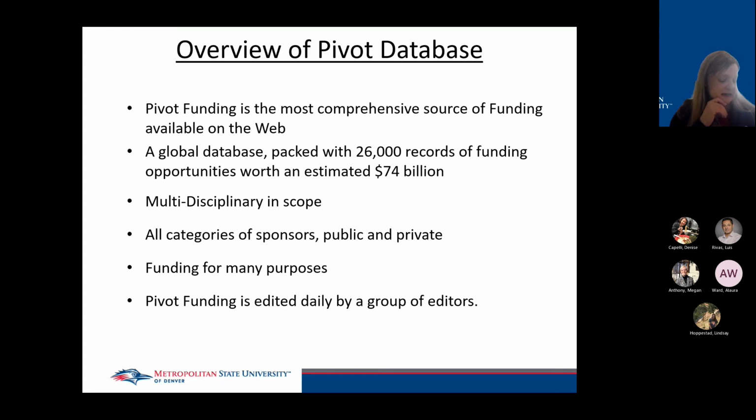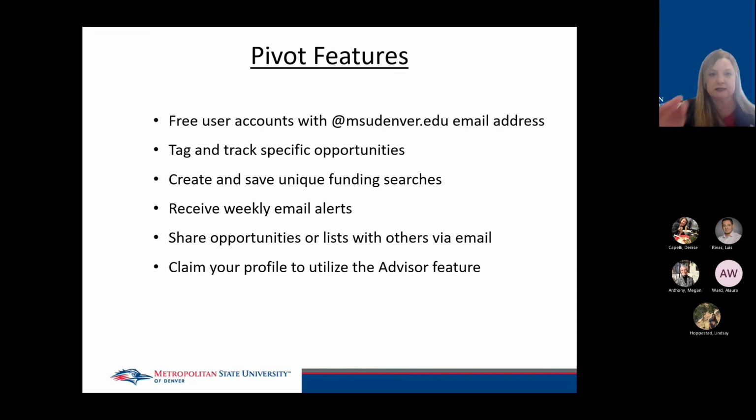It has 15,000 international and national sponsors, including government agencies, private foundations, corporations, and nonprofit organizations. There's all sorts of categories of sponsors, both public and private. All disciplines are represented. It has funding for many different purposes, such as grants, fellowships, capital improvements, travel, artistic pursuit, training, and more. And it's edited daily by a group of editors and not just by a machine.